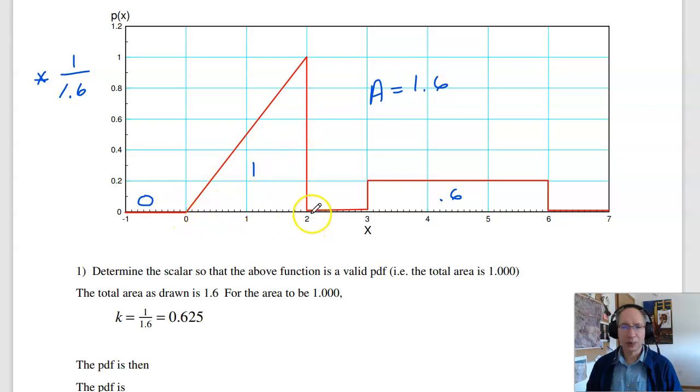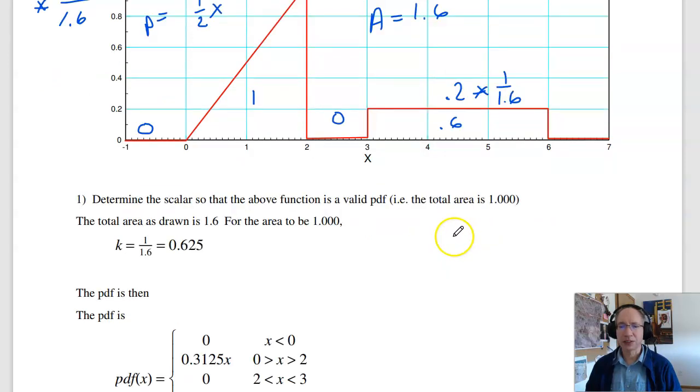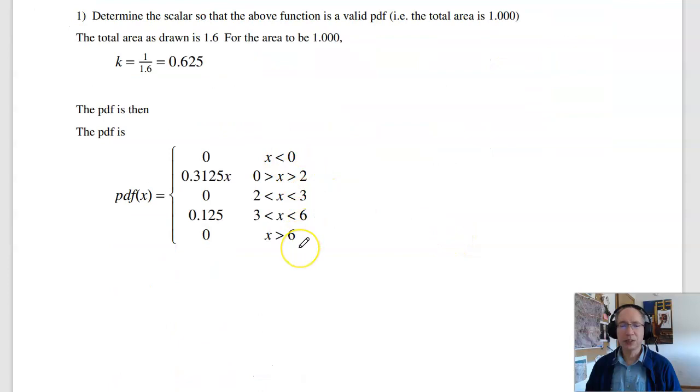For x between 0 and 2, this is 1 over 1.6, and the slope of the line is change of 1 in 2 seconds, 1/2, times your scalar between 0 and 2. 0 between 2 and 3, and 0.2 times your scalar between 3 and 6. So there's your PDF.